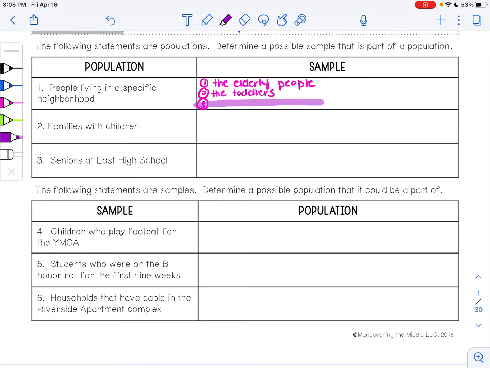Another population would be families with children. A sample could be families with one child.